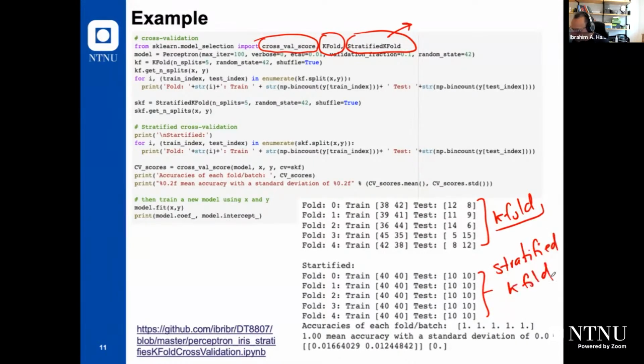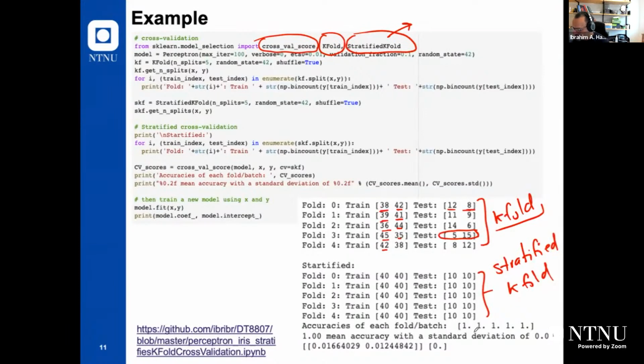Do you see the difference? Well, it is only k-fold. This is the number of class 0 and class 1 in the training, and the number of class 0 and class 1 in the test. They are not equally represented, correct? Do you see those numbers? For example, this model will be tested using 5 from class 0 and 15 from class 1, which is not good.